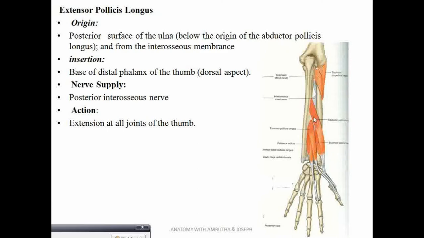Now abductor pollicis longus is inserted to the base of the first metacarpal, extensor pollicis brevis is attached to the proximal phalanx, whereas extensor pollicis longus is inserted to the distal phalanx.